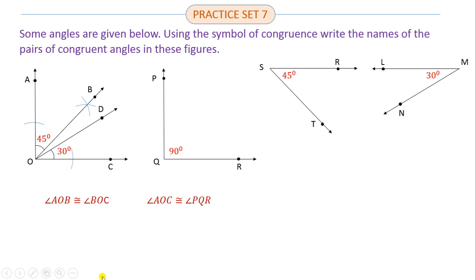Angle RST, angle AOB and angle BOC, all three angles are of 45 degrees. Therefore, we can write angle RST congruent to angle BOC, angle RST congruent to angle AOB. And last one, angle DOC and angle LMN are of 30 degrees. Therefore, angle DOC congruent to angle LMN.